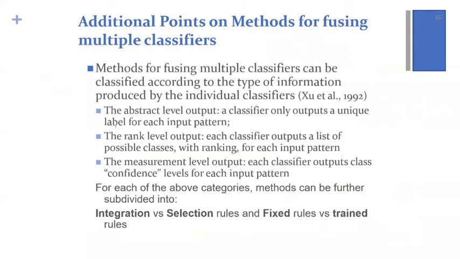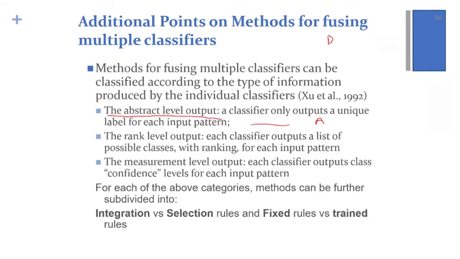Now, another point we mentioned that I want to reiterate here is we say methods for fusing multiple classifiers can be classified according to the type of information produced by the individual classifiers. For example, we have the abstract level. We mentioned this last time. Abstract level is when a classifier only outputs a unique label for each input pattern. When you give an input, it tells you that this belongs to class A or it belongs to class B only.